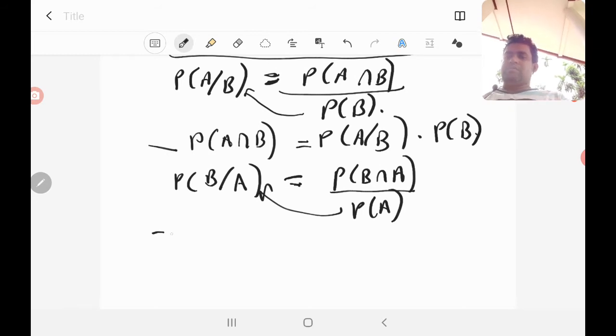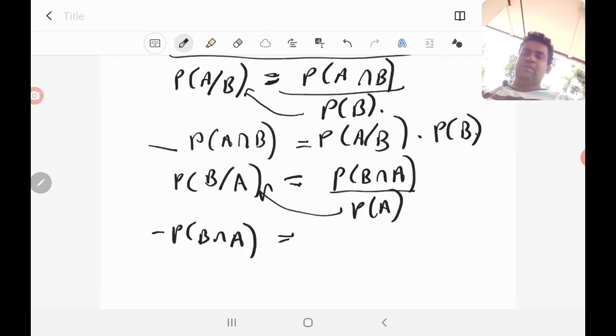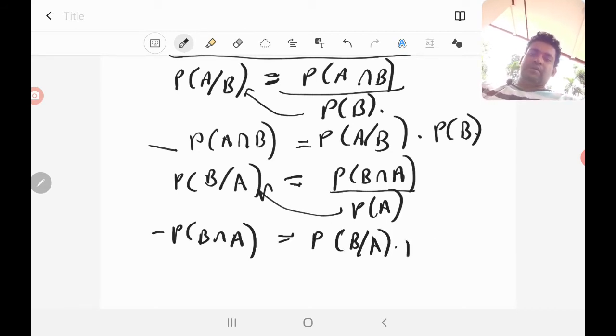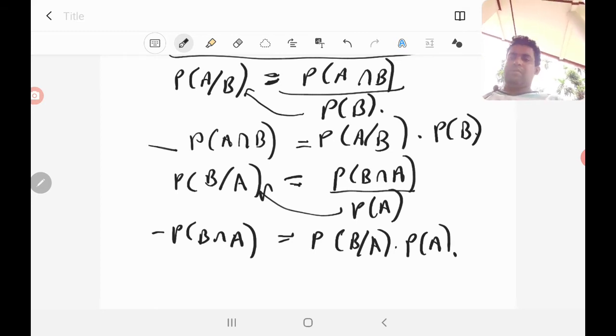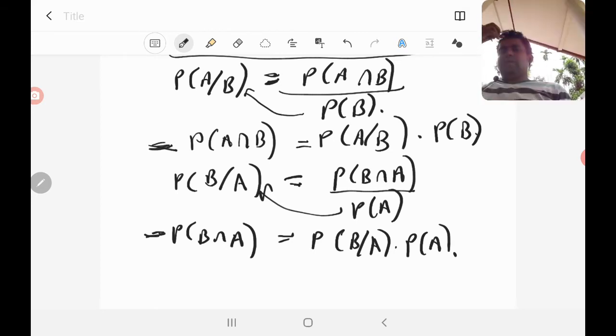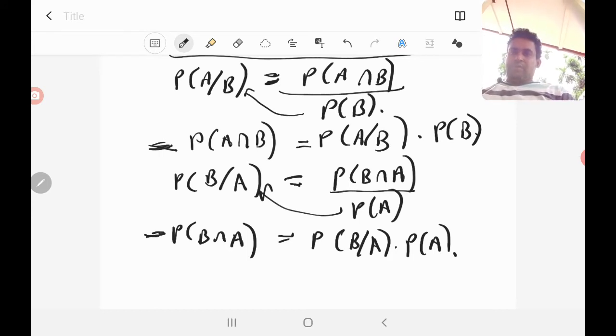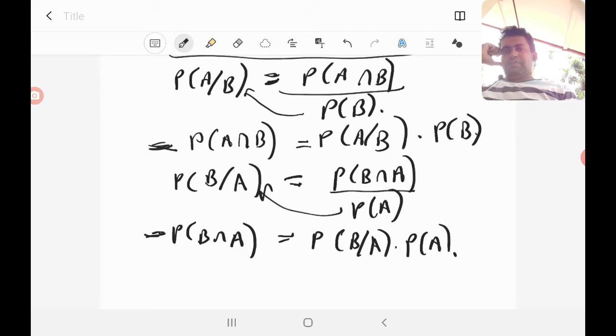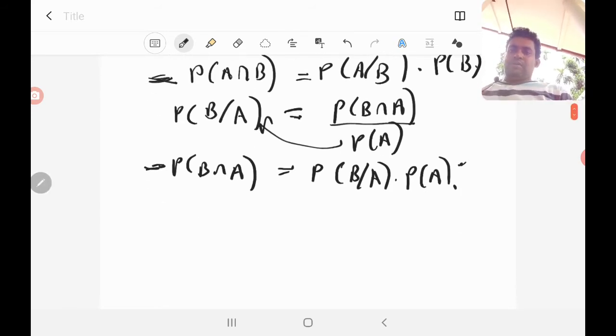So that is the probability of B given A multiplied by P(A). Right? These two things are actually the same thing. When you say probability of A and B or B and A, it's the same thing. It's a symmetric operator. So that means these right-hand terms we can equate them.